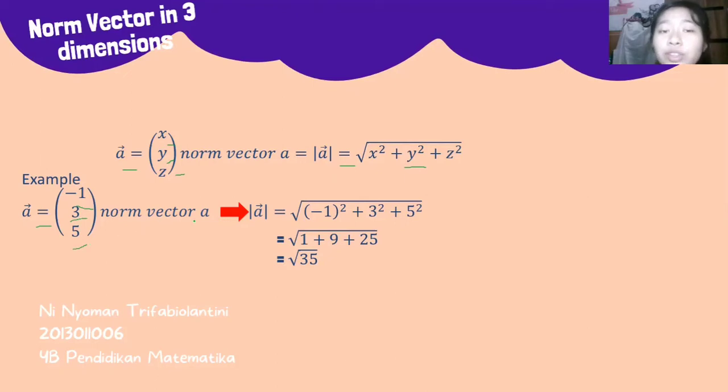The norm of vector A equals the square root of (-1) squared plus 3 squared plus 5 squared, equals the square root of 1 plus 9 plus 25, equals the square root of 35.